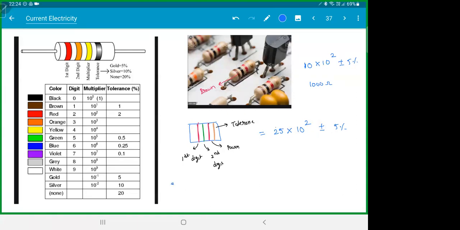Suppose I give you 336 into 10 power 5 ohms. What will be the colors?